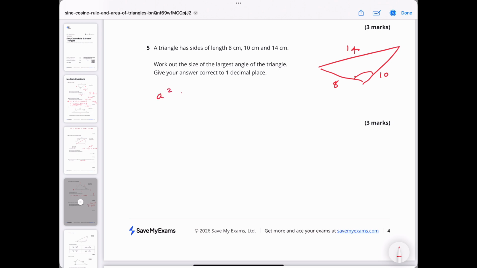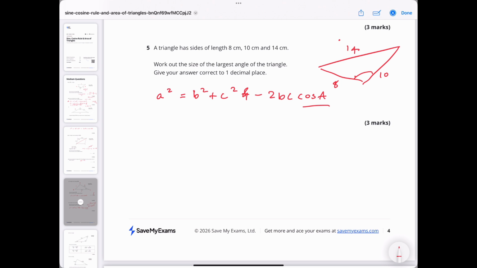So you do A squared equals B squared plus C squared minus 2BC cos A. And then you might have to go through and check that you've got the right things. But essentially, if you made that one A, then you would get the highest angle.